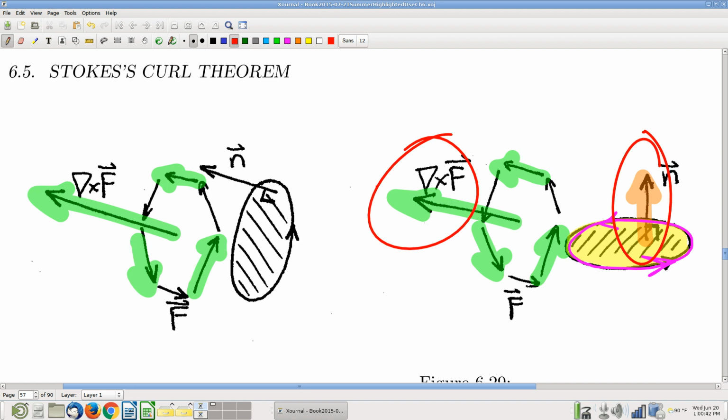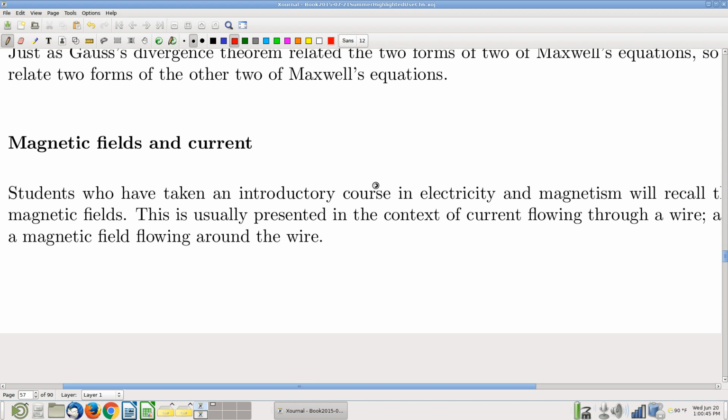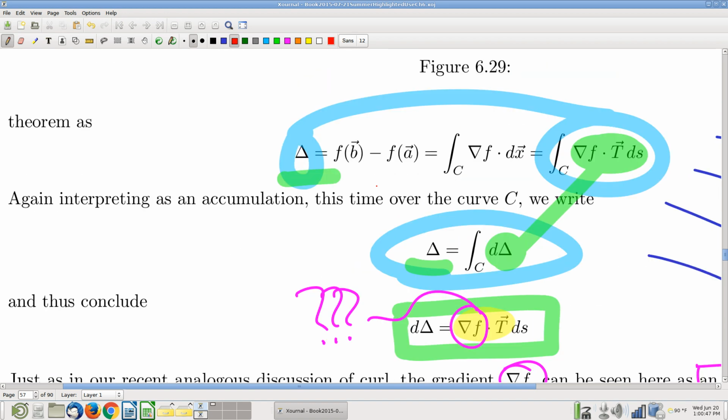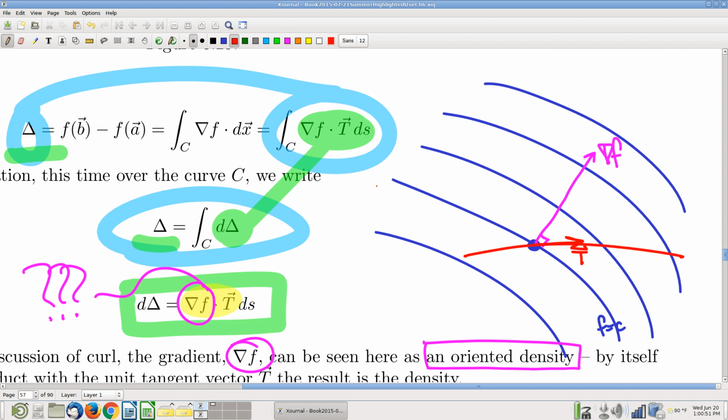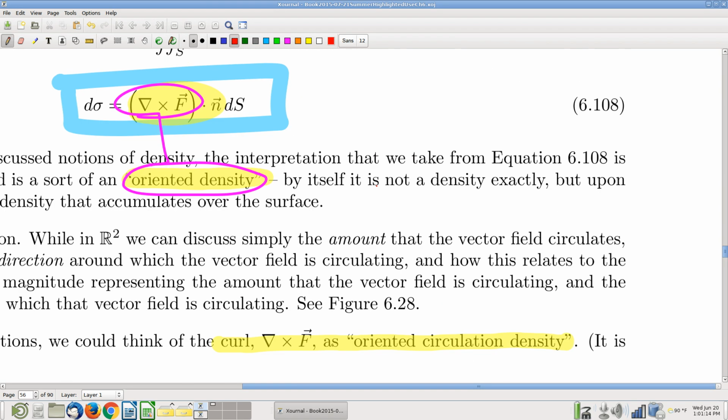So it works out very well. It's really a very similar picture to this one. If the direction of the curve is going in the same direction that the change is happening, then there's going to be a lot of change density, and that dot product will be large, and vice versa if it's a different direction. Okay, so strong analogy there.